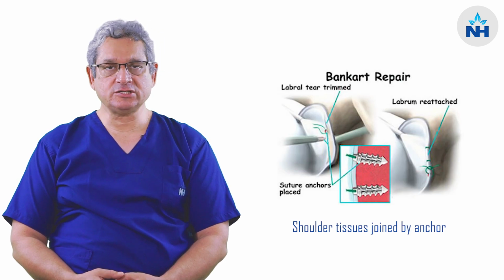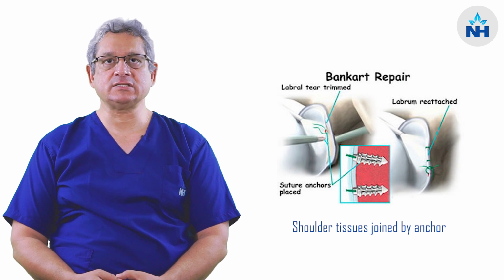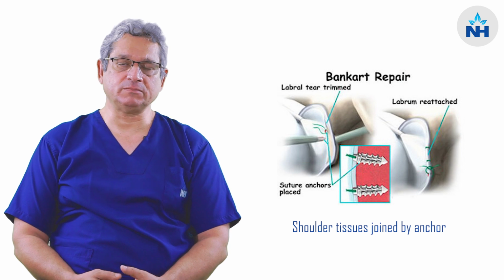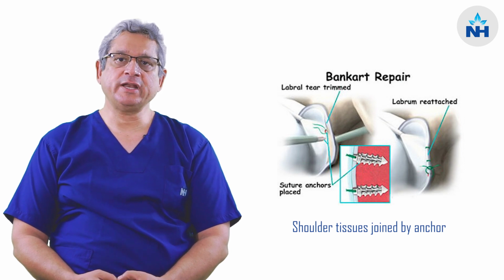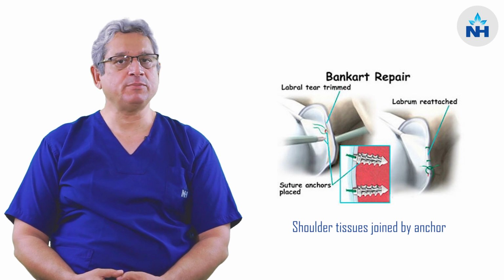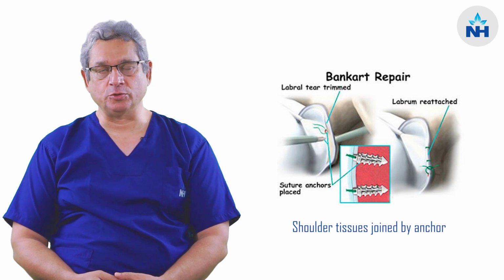And then we are able to repair those tissues back to the bone by means of very specialized implants, small anchors, which is similar to putting something on the wall to hang anything. So we are able to use those specific anchors which are put into the bone, and they are able to tie the torn tissues back to the bone.